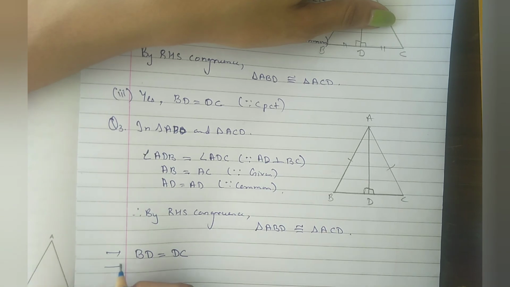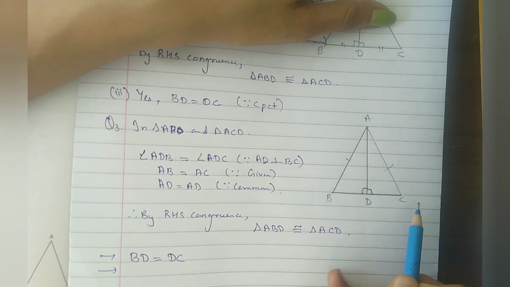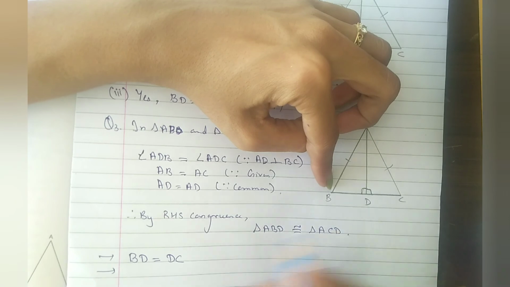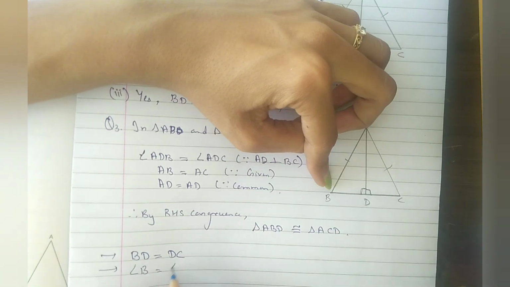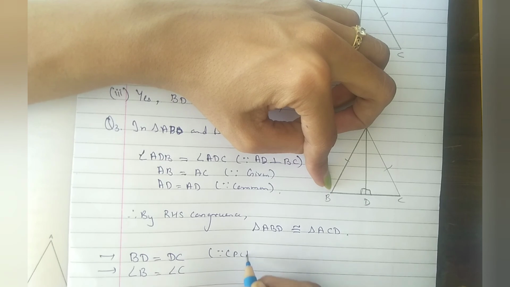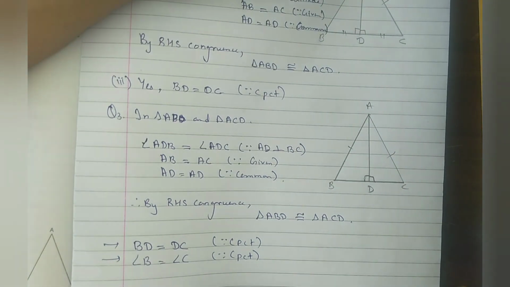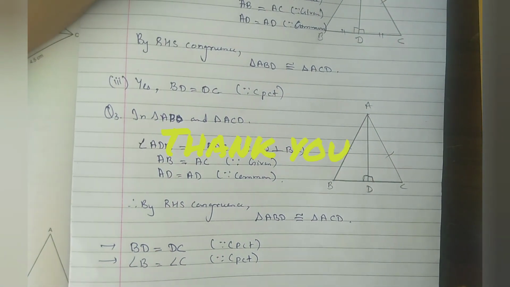And the next question is which angle of triangle ADC is equal to angle B? So angle B is equal to angle C, by CPCT. Okay, so we have found all the answers. Thank you for watching this video.